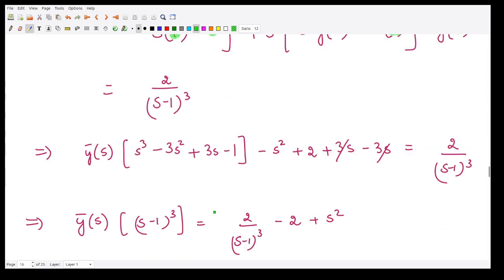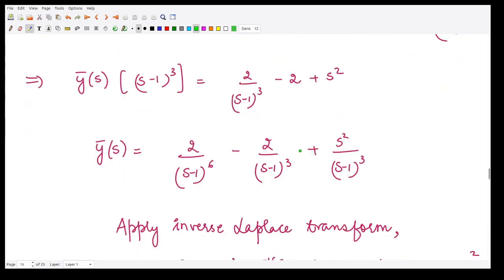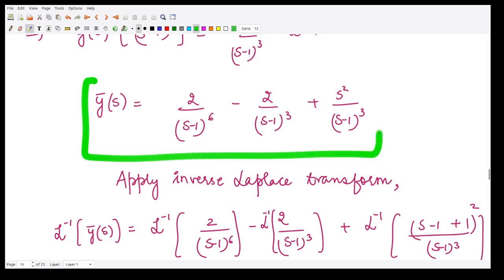So when you simplify this in terms of y of s, finally you will obtain the expression of y of s to be equal to 2 divided by s minus 1 cube minus 2 plus s square. So this is the finalized expression for y of s.